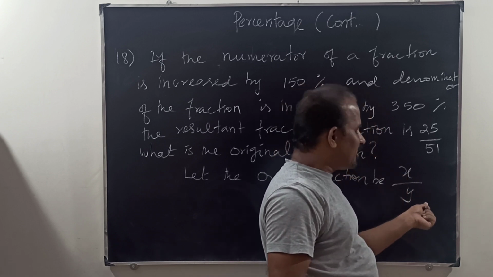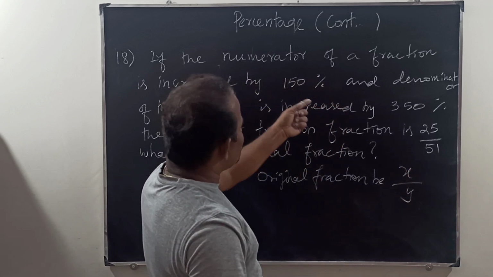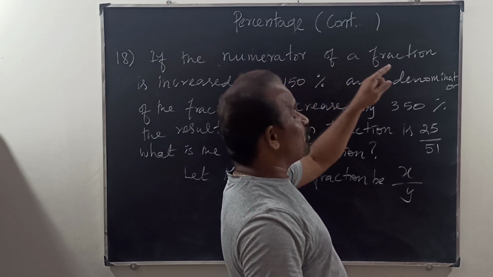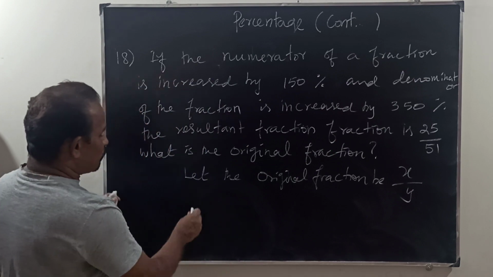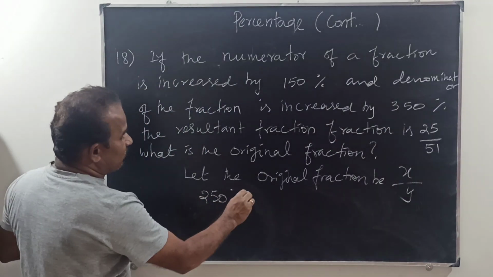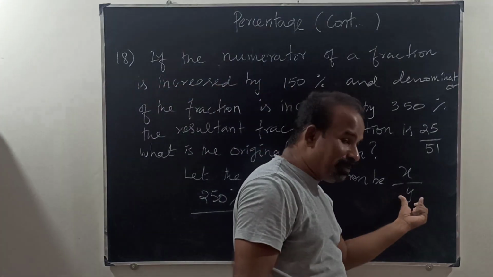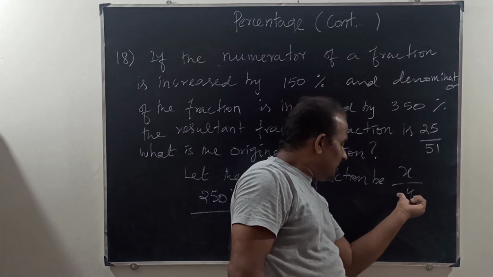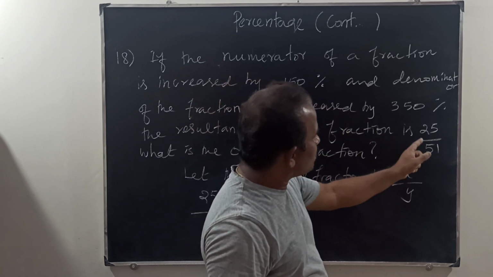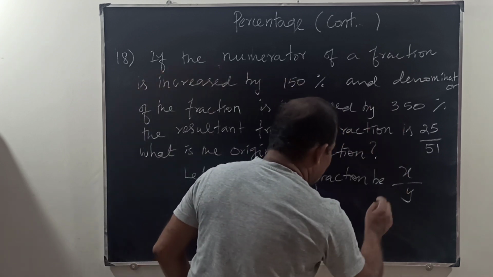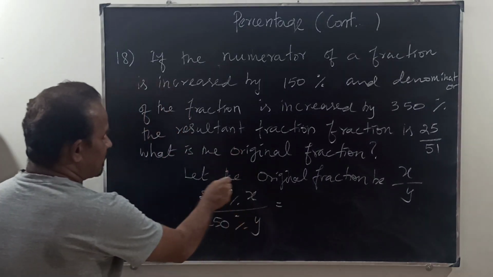So the same x is increased by 150%, so 100 increased by 150 gives 250% of x. Here y is also 100%. Now the denominator is also increased by 350%. Already we have 100%, so 450% of y is the resultant fraction.